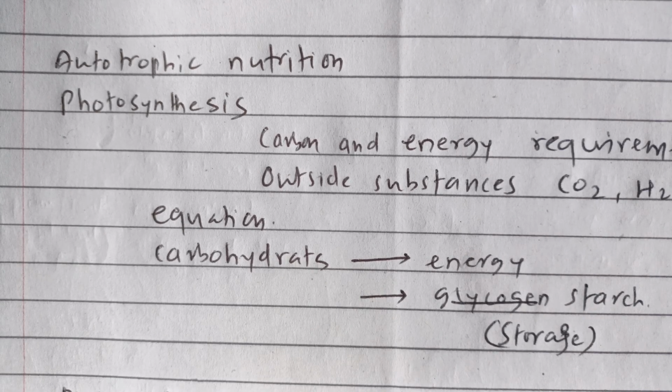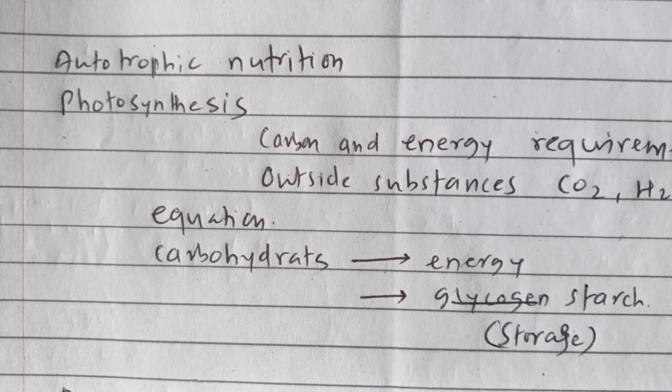It is the process through which autotrophs take the substances in from outside of the body and convert them into stored form of energy. So this material is taken in the form of carbon dioxide and water, as I have already mentioned, and in presence of sunlight and chlorophyll, these are converted into carbohydrates.